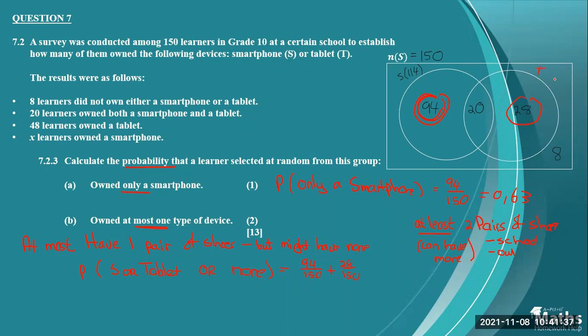The tablet there was 48, but that was the total. So again, we just look at the 94 and the 28, because otherwise we count the 20 twice. But they might have none, so we have to include the 8. That will give you 130 over 150. Simplified, it will be 13 over 15, and you can also write it as a decimal if you want to. Okay, I hope you understand your probability slightly better.